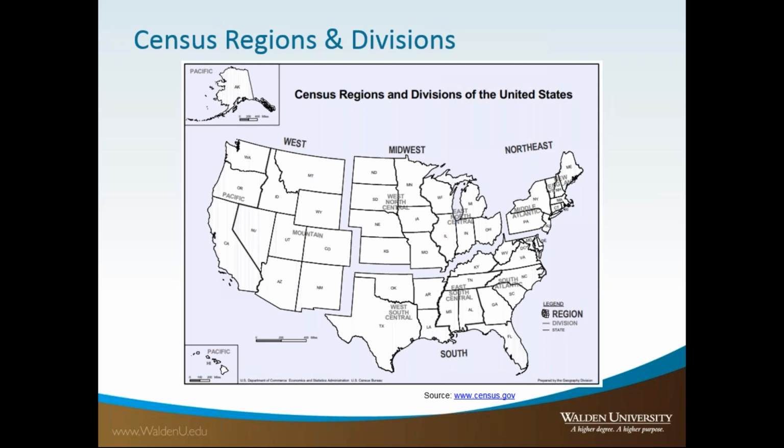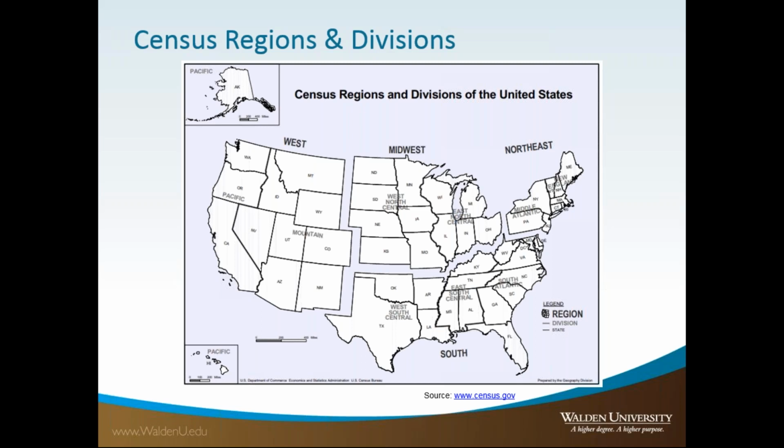These categories are called geographies, and that's a term that Census uses to talk about all of their various geographic areas that they provide data about. So we start with the nation at the top, then we go to regions, divisions, states, counties, and then from counties, census tracts, block groups, and blocks.